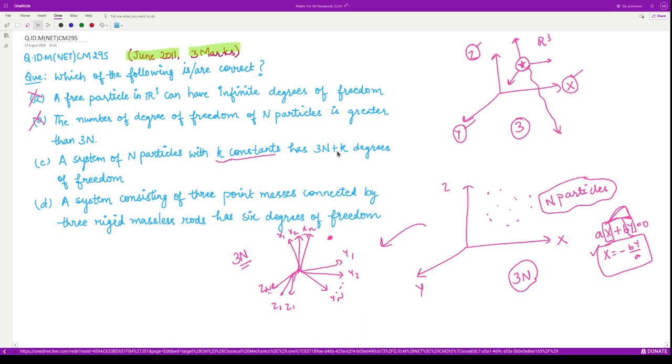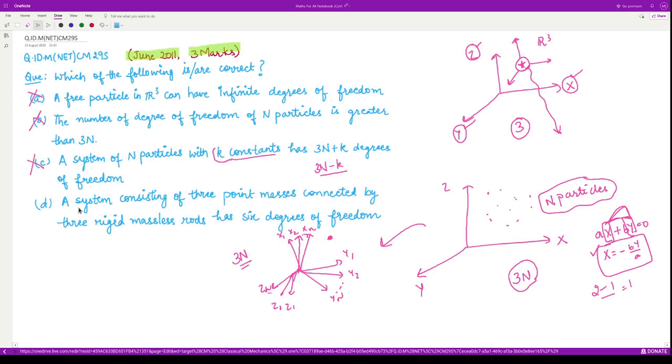So similarly, if you have k such conditions, we had 1 condition, so the number reduces from 2 to 1. 2 minus 1 is 1. So in this case we would have 3n minus k degrees of freedom if we have k constraints acting on the system of n particles. So therefore this option is also incorrect.